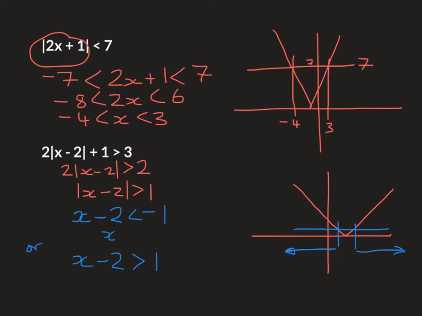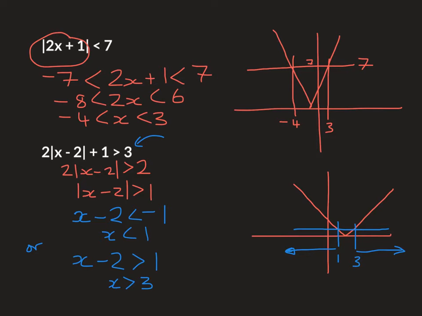So that means x is less than 1 or x is greater than 3. The points I worked out are 1 and 3. I would probably pick a few examples and put them into that first inequality just to check they work. And again, drawing these in your calculator will help you no end.